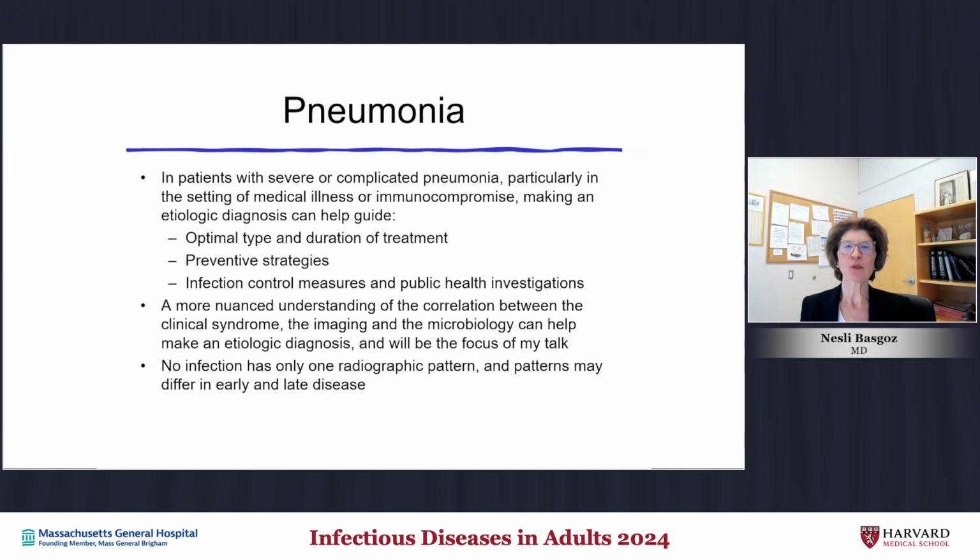It follows that a more nuanced understanding of the correlation between these things can help make an etiologic diagnosis, and that will really be the focus of my talk. No infection has only one radiographic pattern, and of course, anything I say may differ in early and late disease.